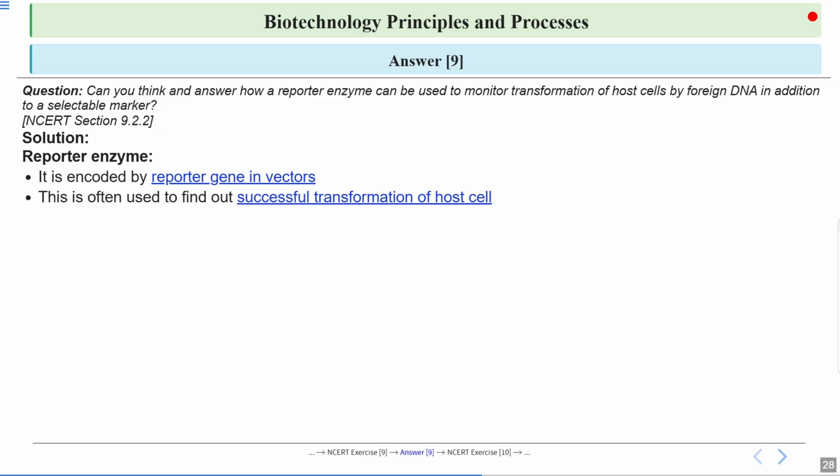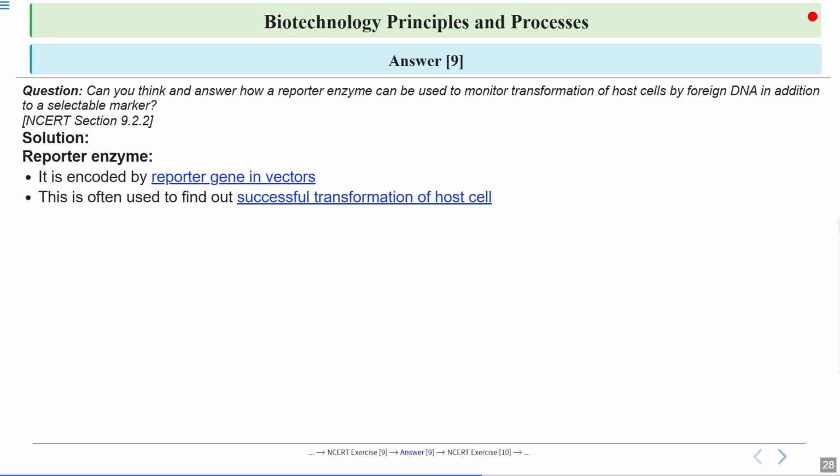You incorporate a DNA inside the host cell, so there may be a chance that this particular DNA gets incorporated into the host cells, but there may also be a chance that this DNA gets lost and does not get incorporated into those host cells. There could be a chance, right? Not 100% result, you will not get every cell successfully incorporating the foreign DNA. No, it never happens. So you have to take out those transformed cells.